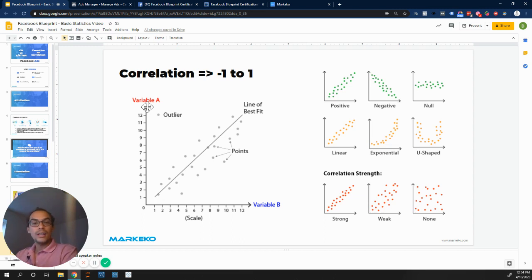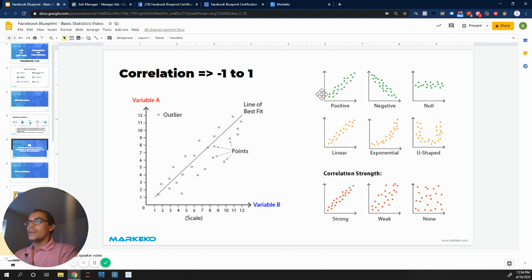The more people click on my campaign, the lower the CPC, or cost per click, that I'm going to have. So you could say there's a linear correlation between CPC and engagement. And you can do this with any two variables that you can think of, right? What's key here is to understand that you have a correlation of -1 to 1.